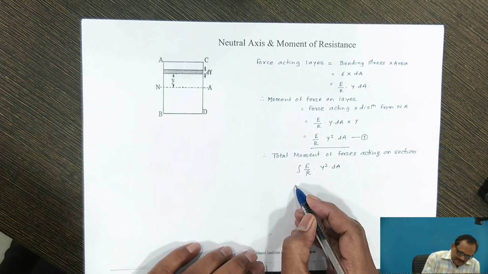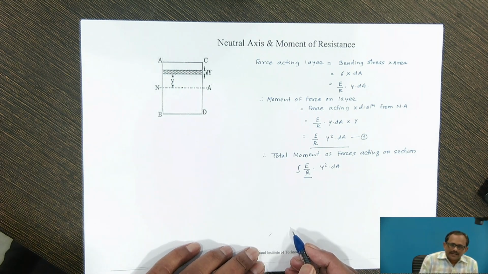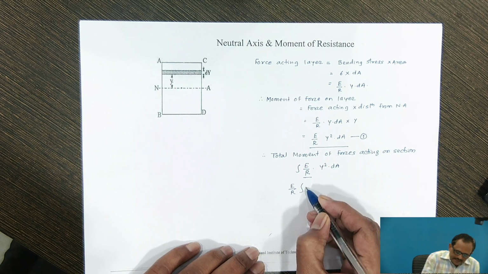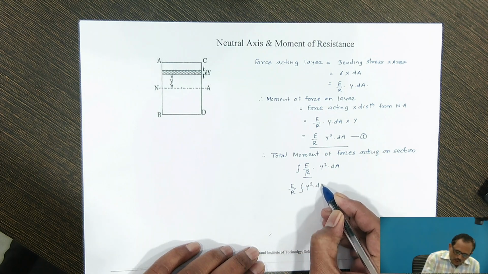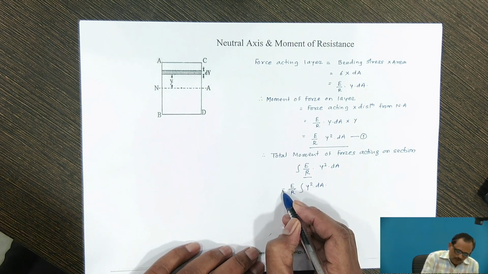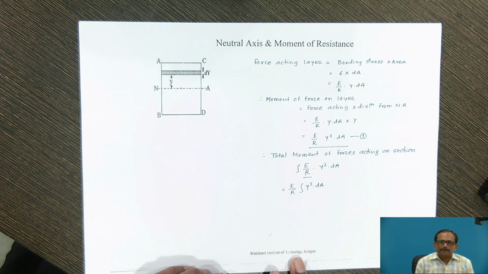Now E and R are constant, so you can take them outside the integration sign. So E upon R integration y square into dA. This is your total moment of forces acting on the section of the beam.